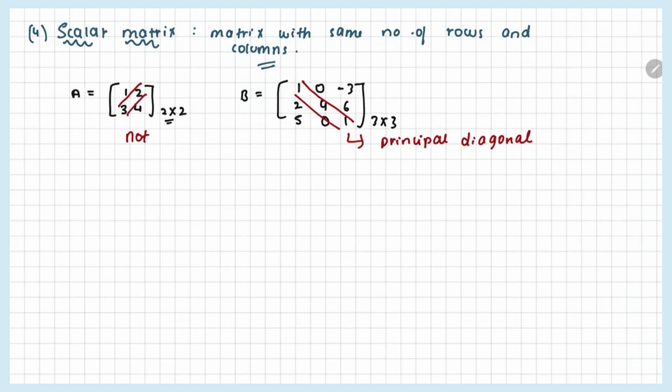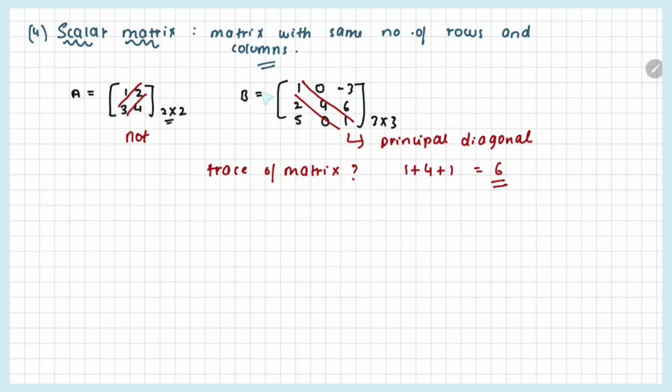I'll teach you one more important thing here. They can ask you the trace of a matrix, or ask you to explain the trace of a matrix. The trace of a matrix means you have to add all of the principal diagonal elements. That is 1 plus 4 plus 1, so it is 6. The trace of the matrix is 6.